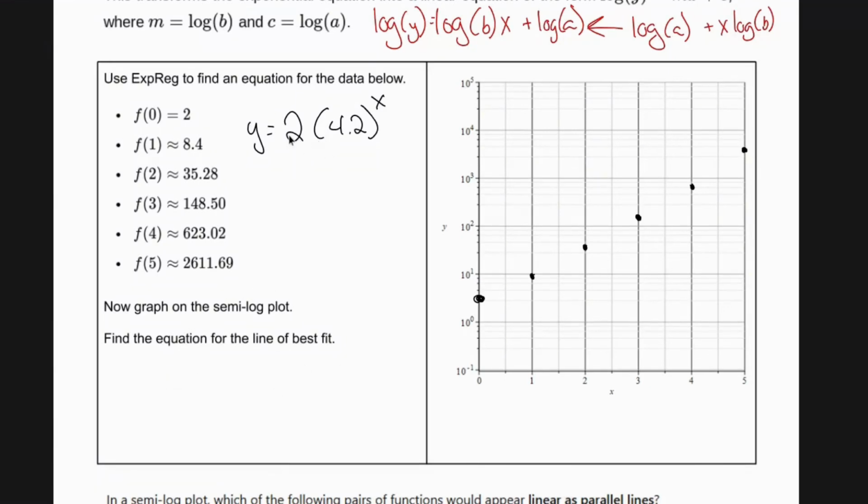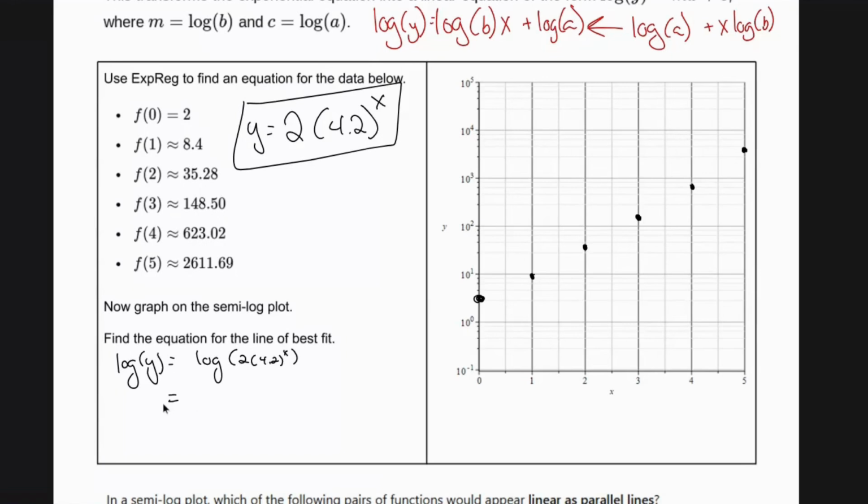Now, that's the equation that I got. In order to make the equation for the line of best fit, you're going to have the log of both sides, so log of y is going to equal log of 2 times 4.2 to the x.